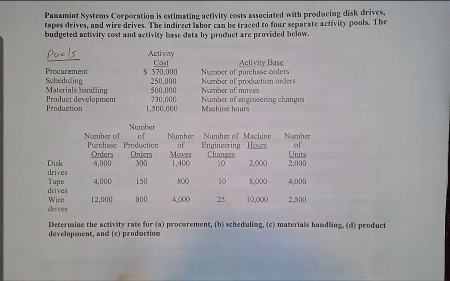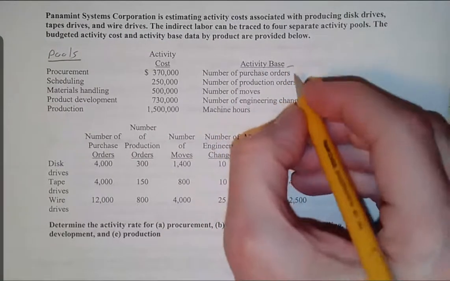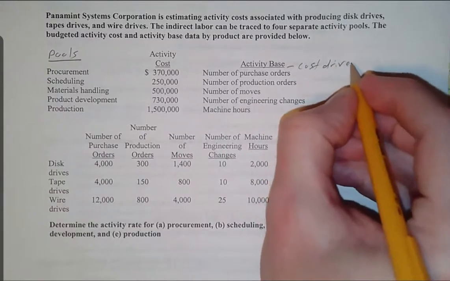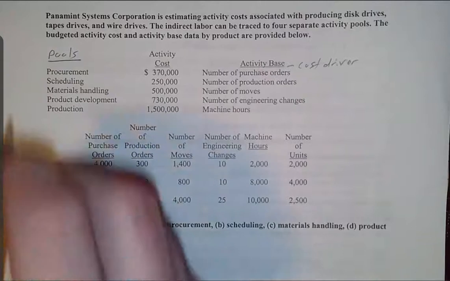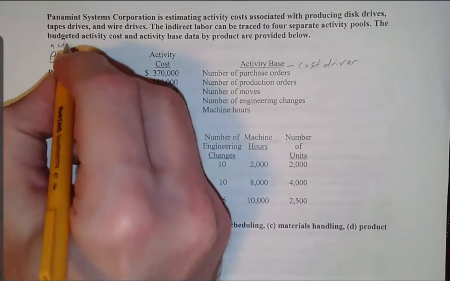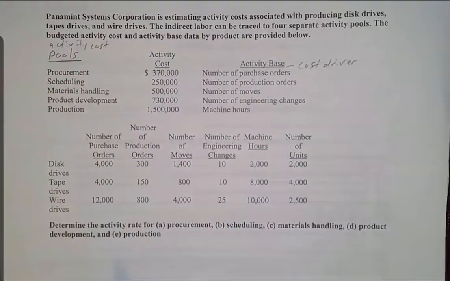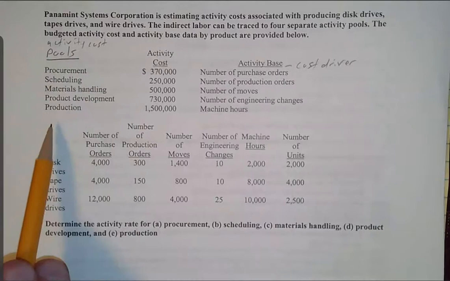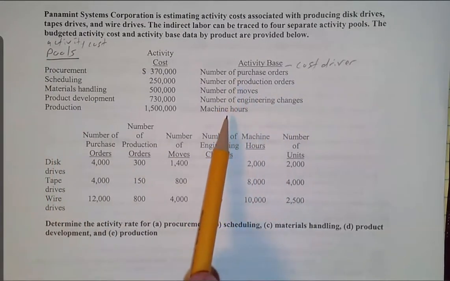And then over here where we've got activity base, another way of saying this is cost driver. So perhaps I'm going to write one more word up here, activity cost pool. I guess that's 2 more words, isn't it? Yeah. So I've got our activity cost pools right here, these 5, and then we've got our 5 separate cost drivers here.